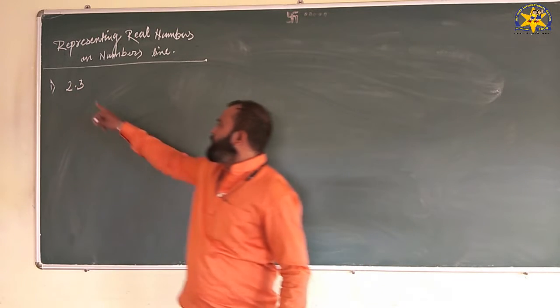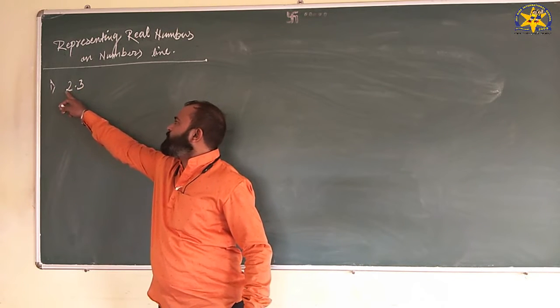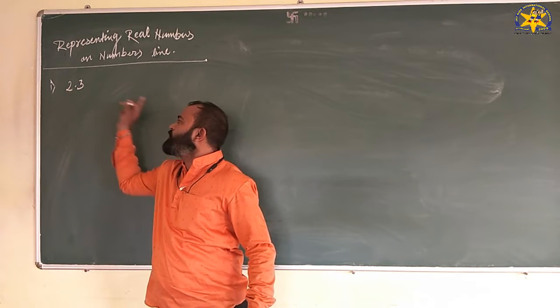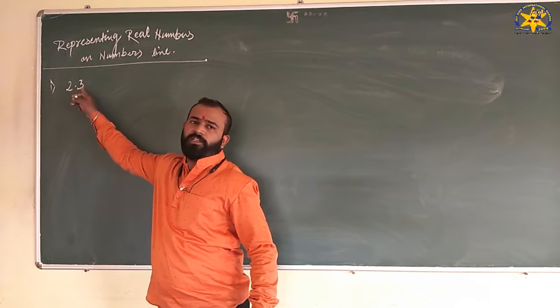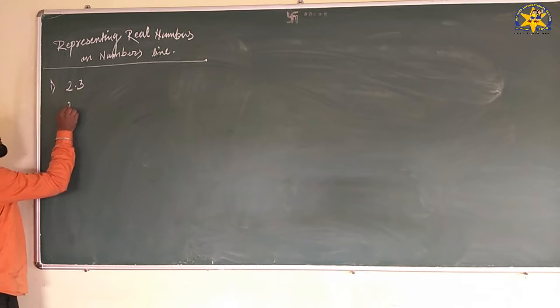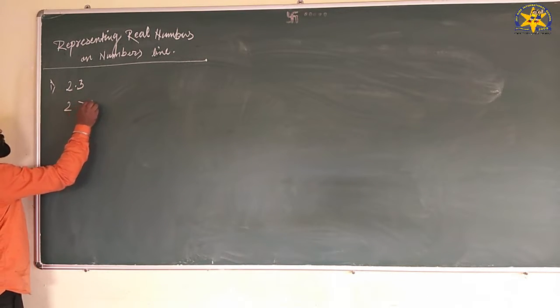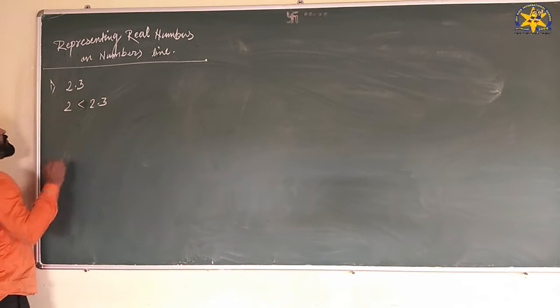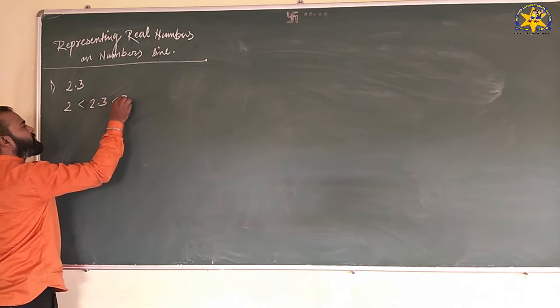As there is only one decimal place, it lies between 2 and 3. 2.3 is greater than 2 and less than 3.